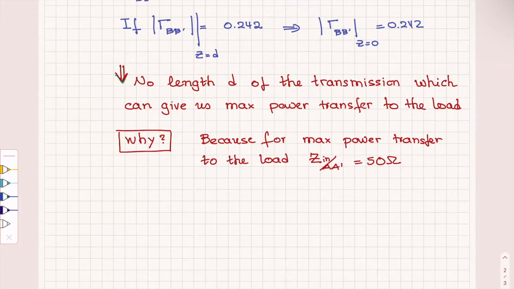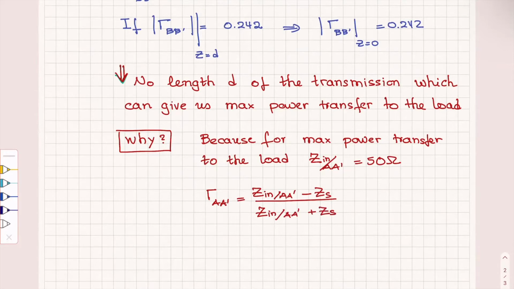And if that is 50 ohms, then gamma at AA prime will be Z input at AA prime minus ZS over Z input at AA prime plus ZS.